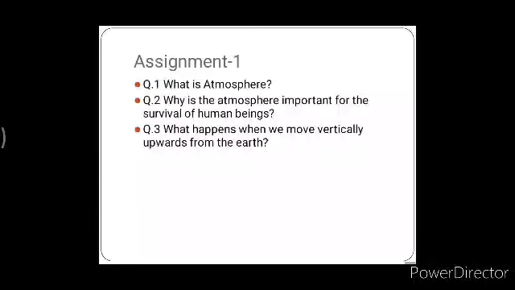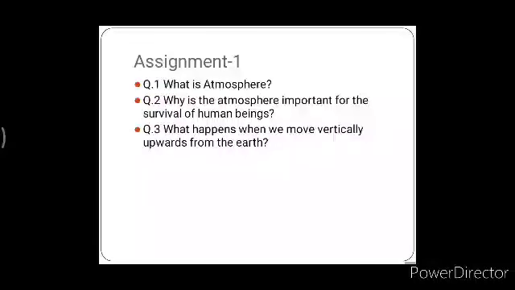What is atmosphere? You have to write down the definition of atmosphere. Question number 2. Why is the atmosphere important for the survival of human beings? I told you when I started this chapter what atmosphere provides that makes it important for the survival of human beings. So those things you have to write here.